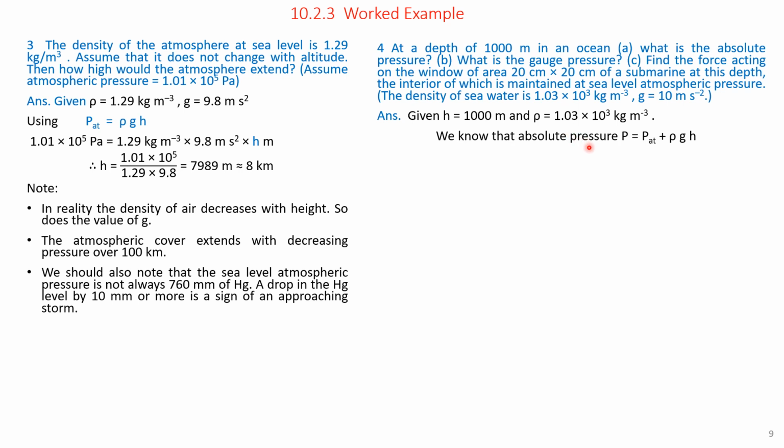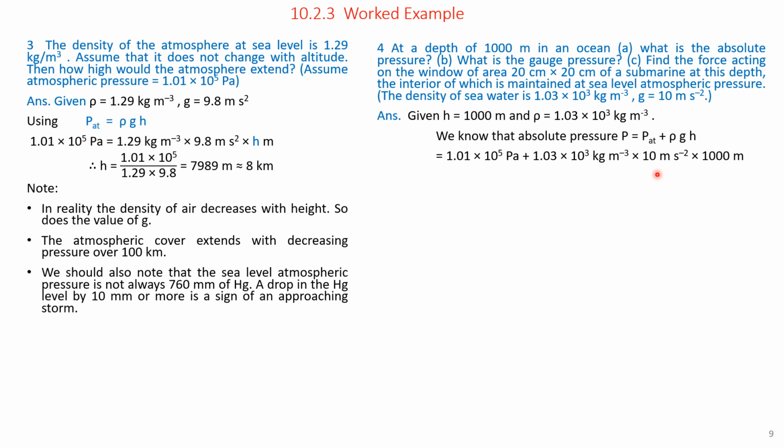We know that the absolute pressure P is given by Pa, here atmospheric pressure, plus rho gh. Rho is the density, g is the acceleration due to gravity, and h is the height.